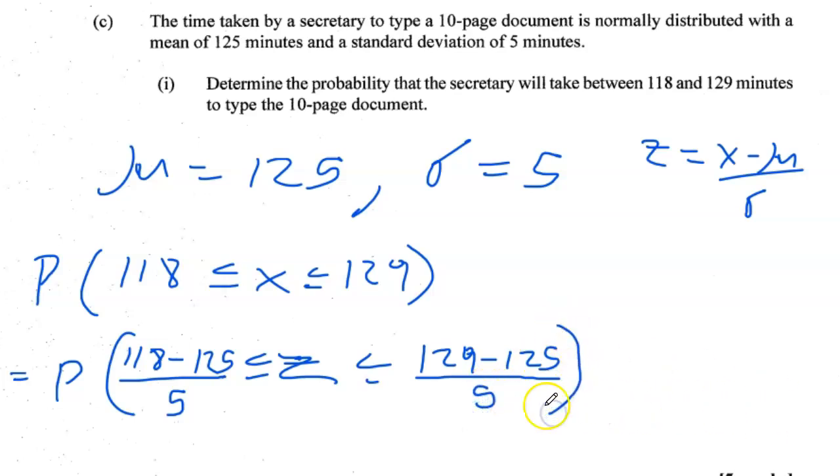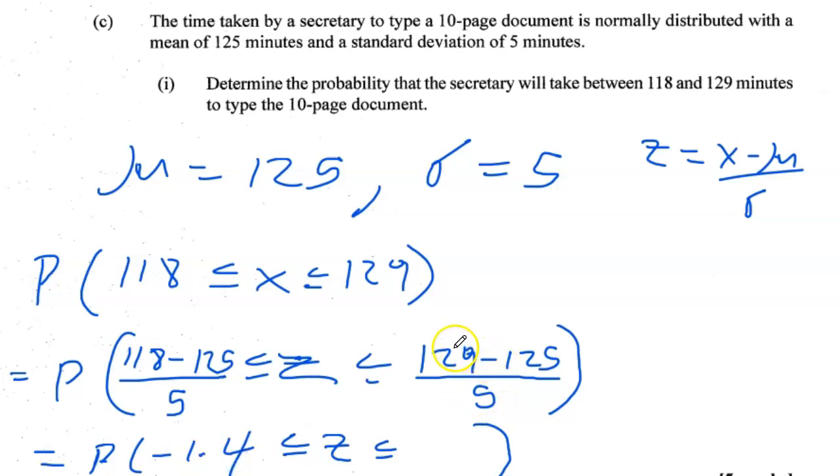So we're calculating the probability that Z is between 118 minus 125 divided by 5, that should be a negative number, that's negative 7 divided by 5, that's negative 1.4.